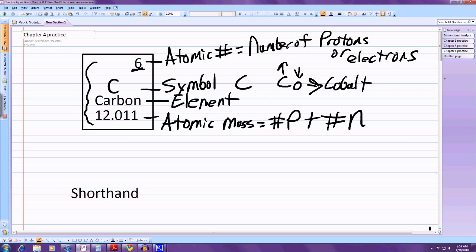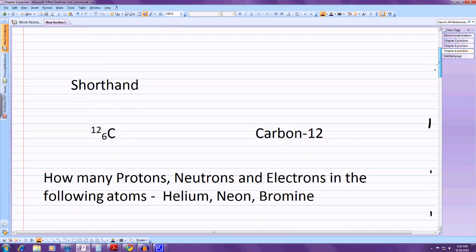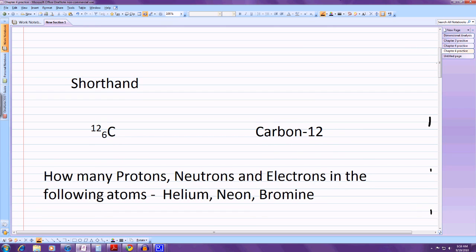So that's a very quick breakdown of what we see in a periodic table designation. Now let's talk about how we can write a couple of these in shorthand, a way to convey a lot of information without taking up much space.